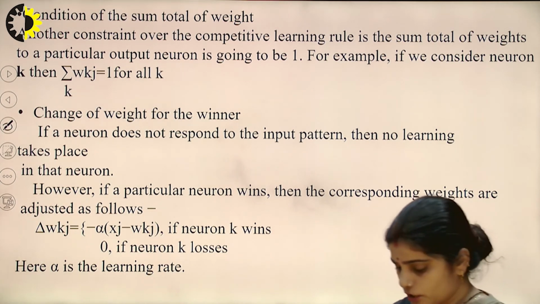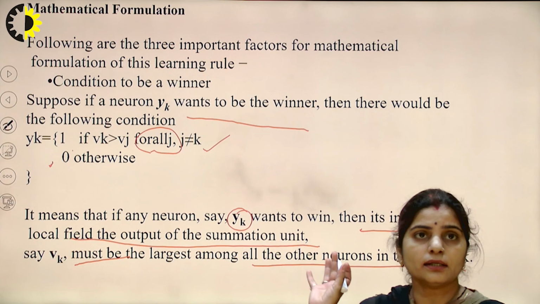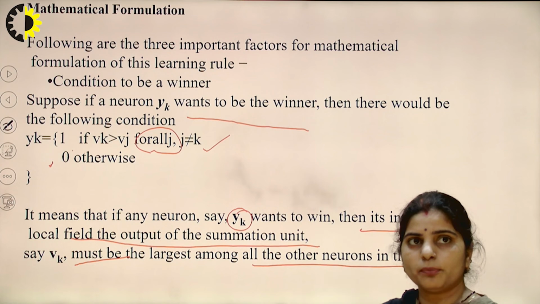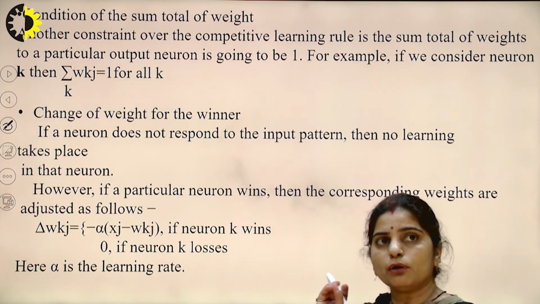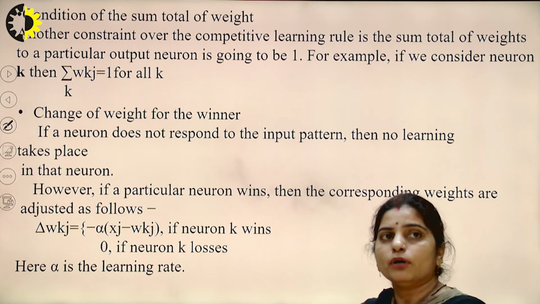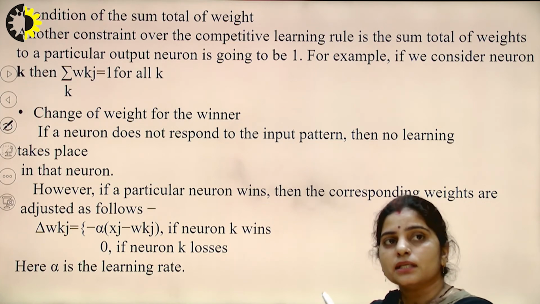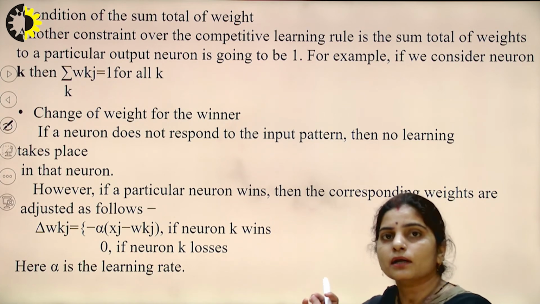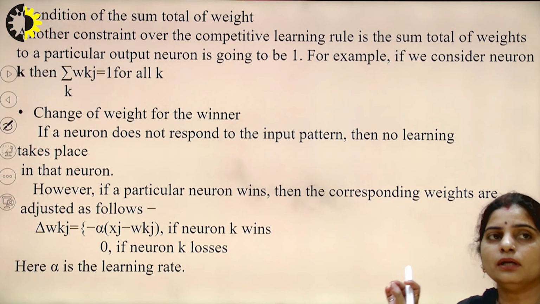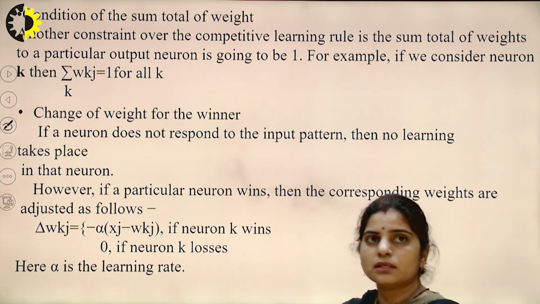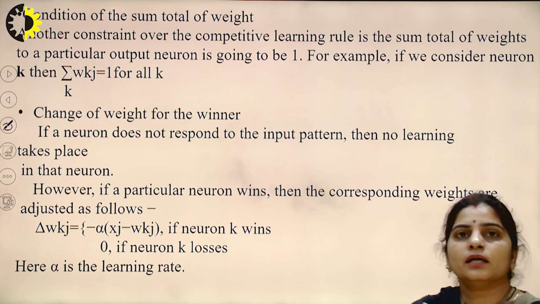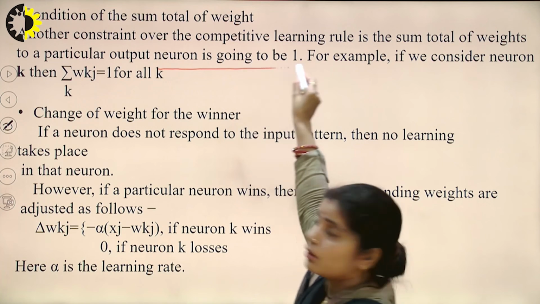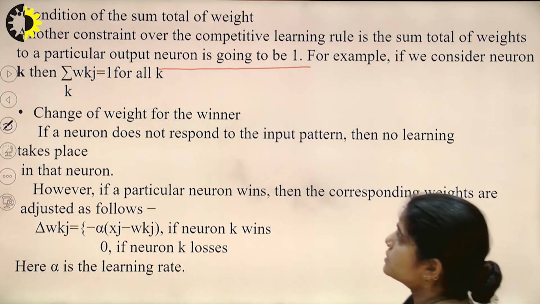Here k is a neuron. So, in this rule, the constraint is that the sum total of the weights to a particular output neuron is always 1.